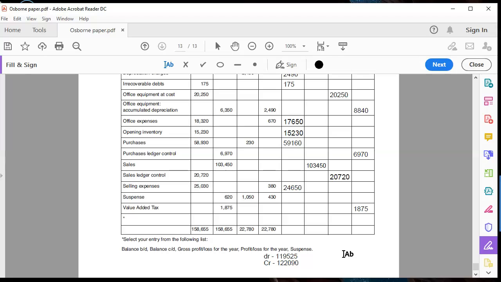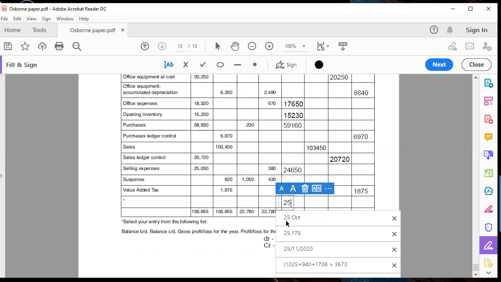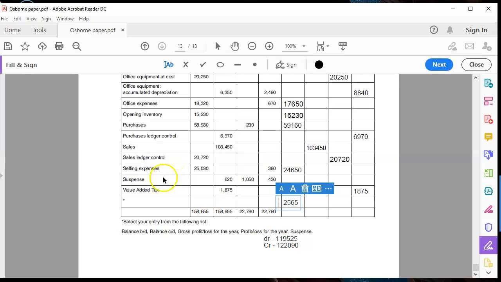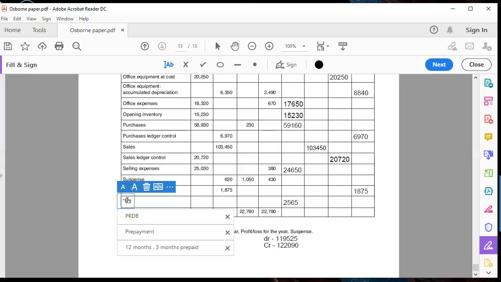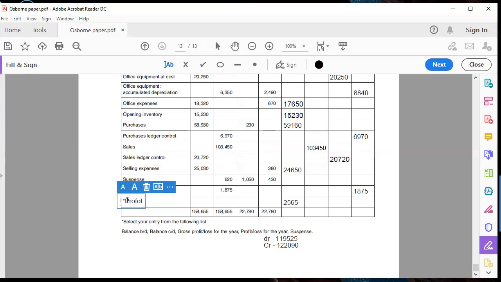See the difference, 122,090 minus 119,525, which is 2,565. Credit side is higher, so put the balancing figure on the debit side, 2,565. And because on the credit side your income is higher than your expenses, this will be a profit. You can call it net profit.